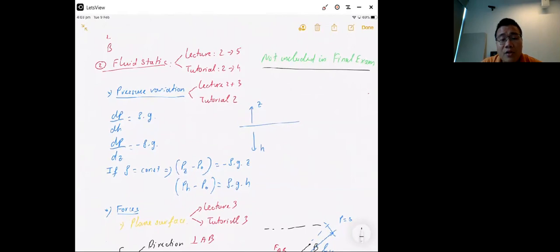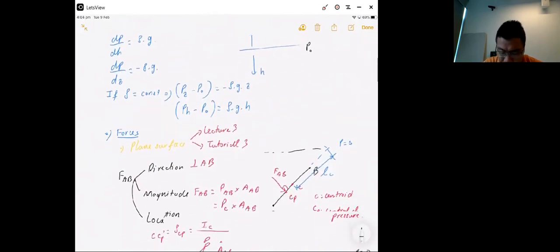If density is constant, as for liquid, which is an incompressible substance, we can assume density is constant. Then Pz minus Po equals minus rho g z, or Ps minus Po equals rho g h.